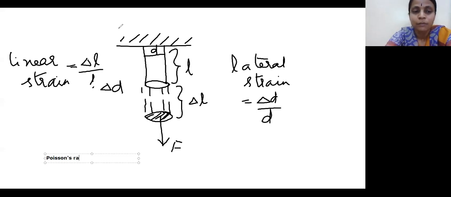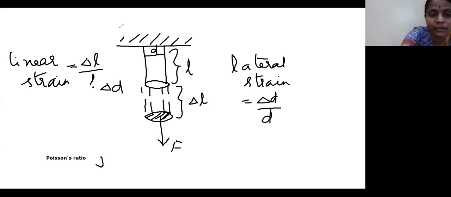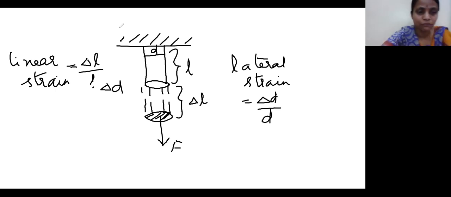That's called Poisson's ratio. We are going to denote it by the Greek alphabet sigma. Now, how am I going to represent sigma mathematically? Sigma, that is Poisson's ratio, is equal to the ratio of the lateral strain to the linear strain.